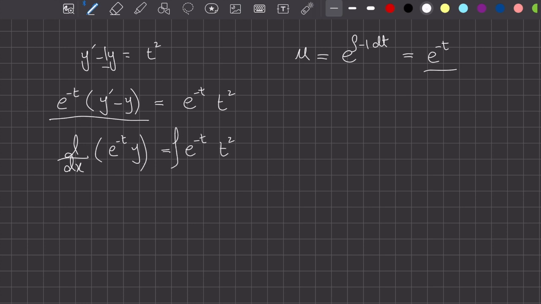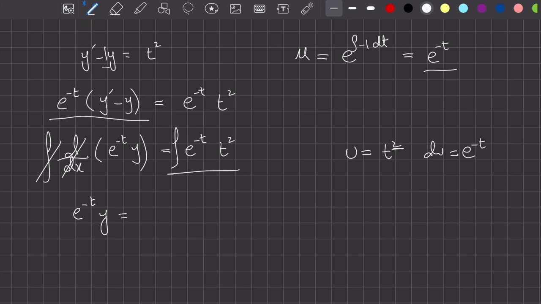The left side, integral and derivative cancel out, giving e power negative t times y, while the right side is the integral of t squared times e power negative t. This can be integrated by parts, as we can choose u as t squared and dv as e power negative t. This makes sure the power of t decreases by 1 inside the integral.